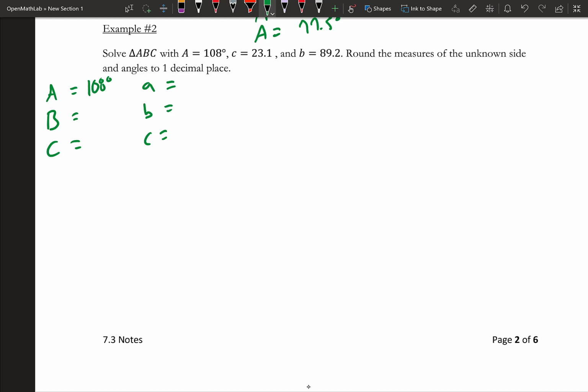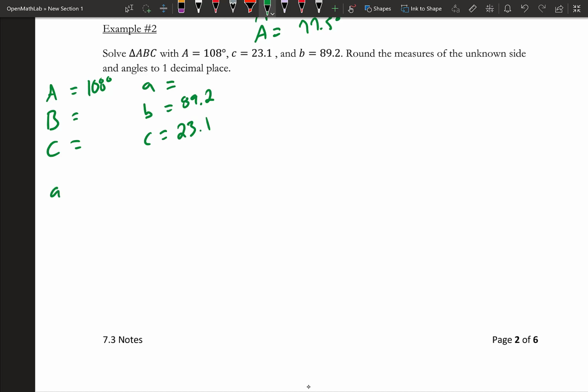And then capital B, we don't know C. Little c is 23.1. Little b is 89.2. And we don't know little a. So again, we need to find the missing side. So we'll do that using the law of cosines.